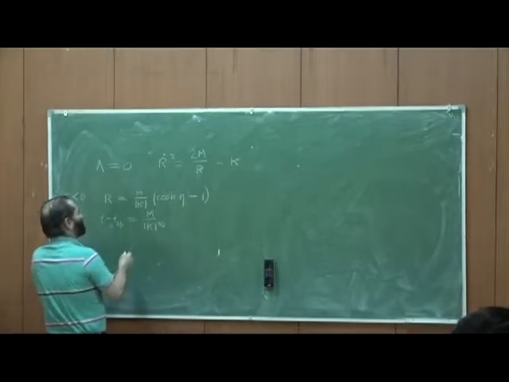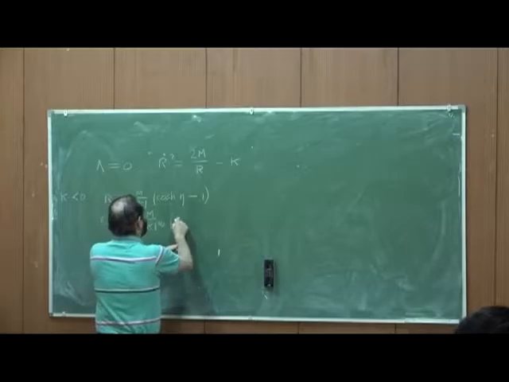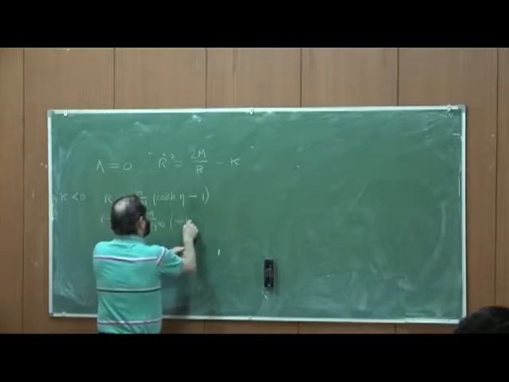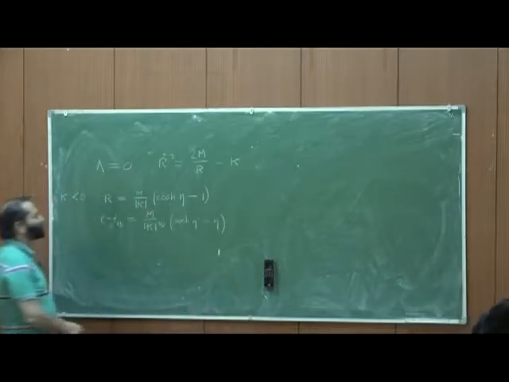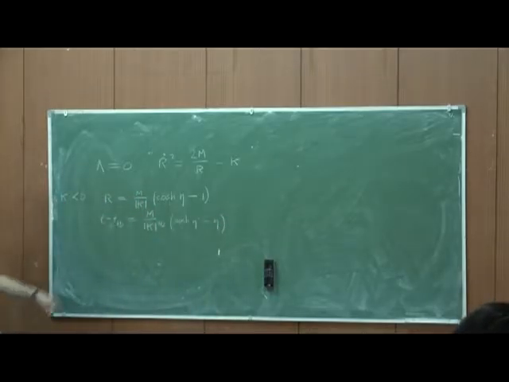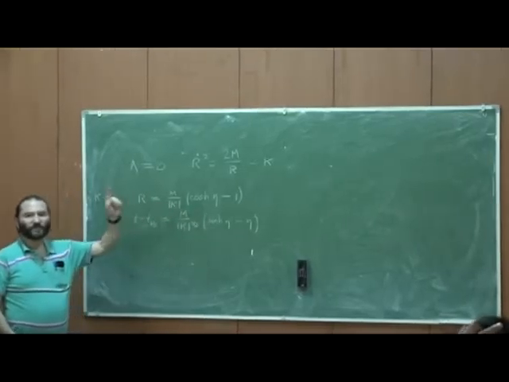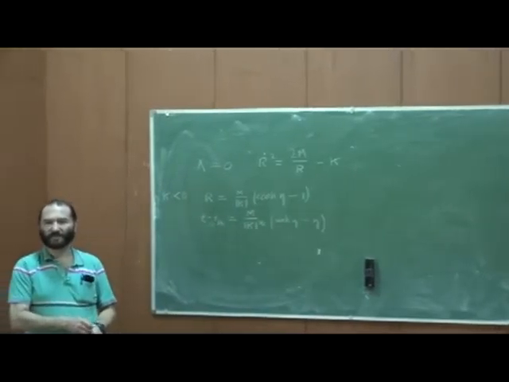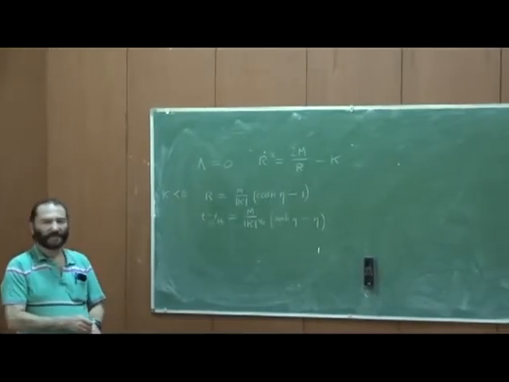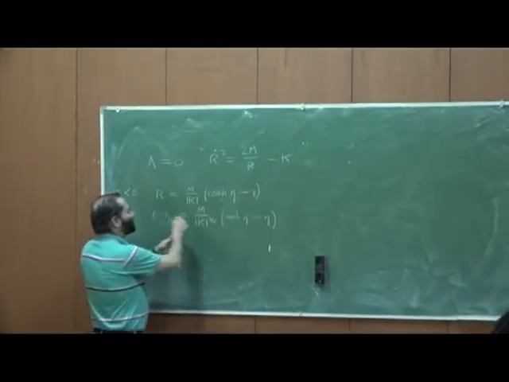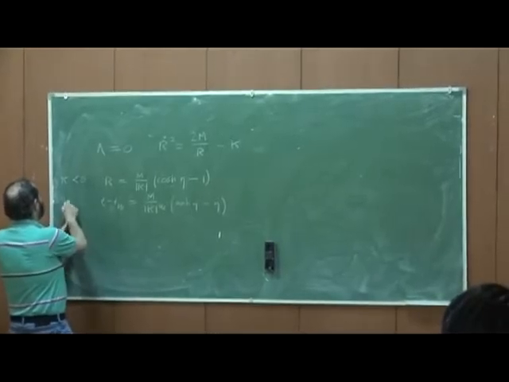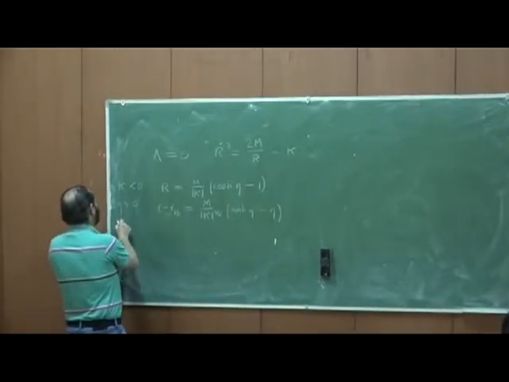There is the absolute value of A. See, this is a parametric solution to this differential equation. Eta is a parameter, and eta has to be greater than 0.